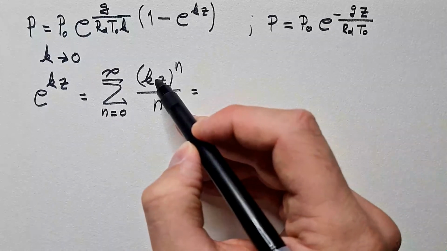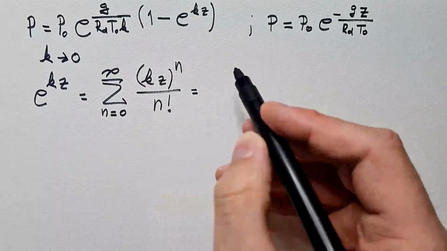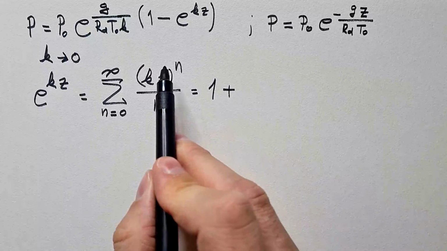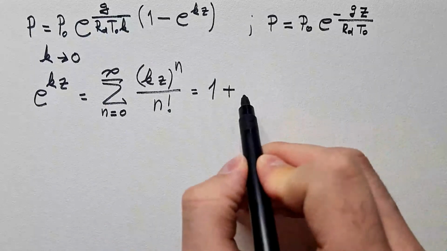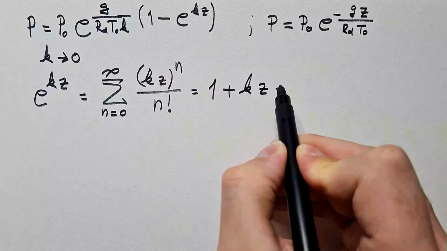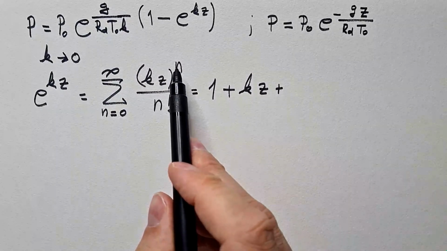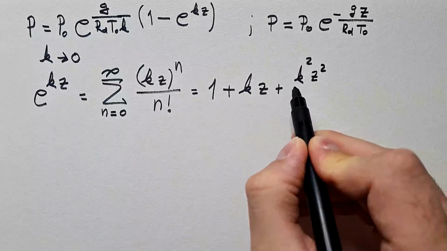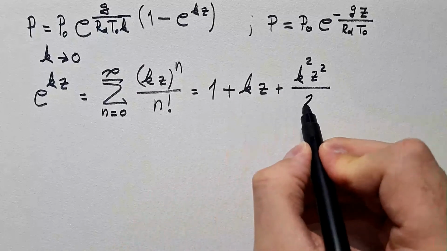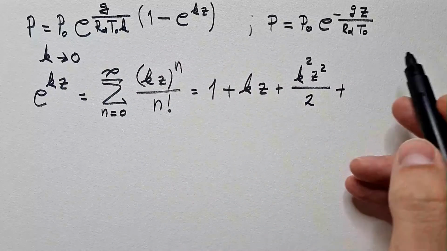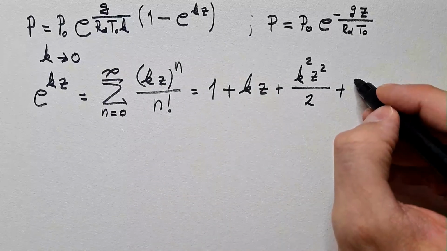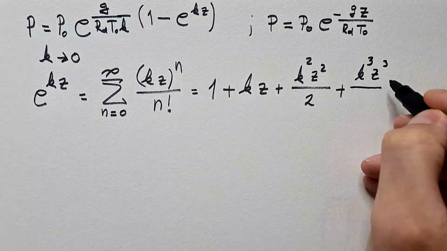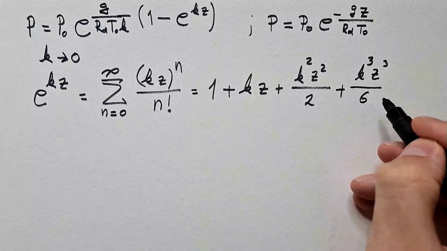When n is 0, then this is 1, and factorial of 0 is 1 by definition, so we get 1, plus, when n is 1, this is kz, factorial of 1 is 1, so I get kz, plus, when n is 2, I get k squared z squared over factorial of 2, which is 2, plus, let's do one more, when n is 3, I get k to the power 3, z to the power 3, over factorial of 3, which is 6, 3 times 2.